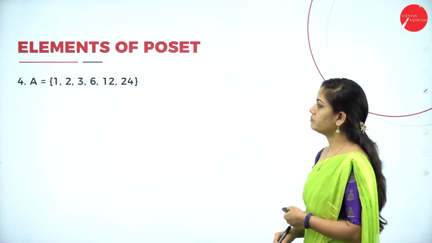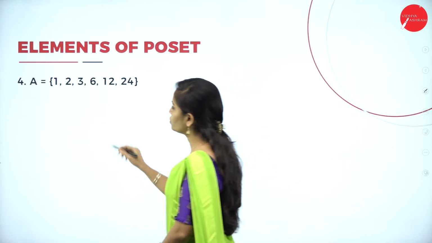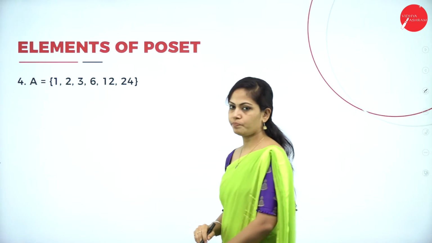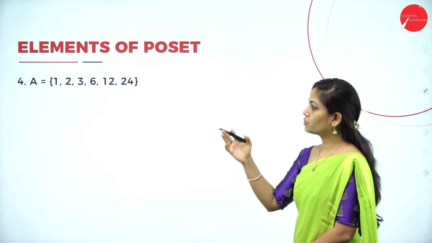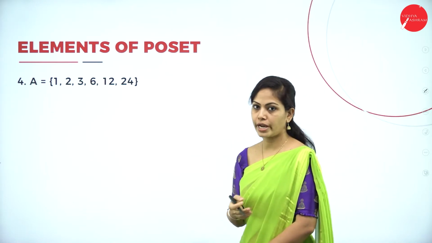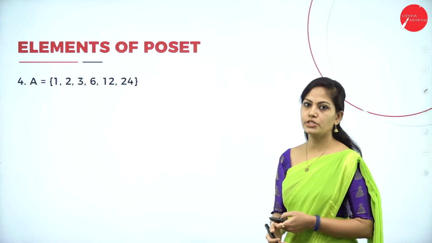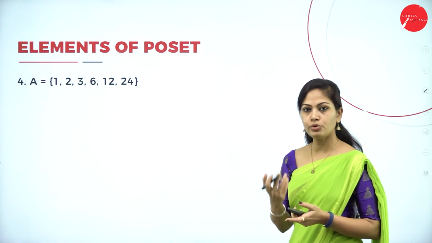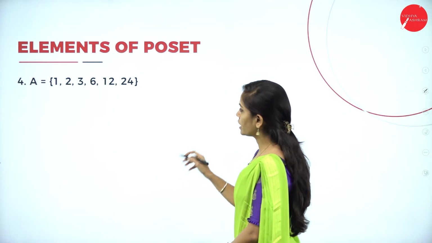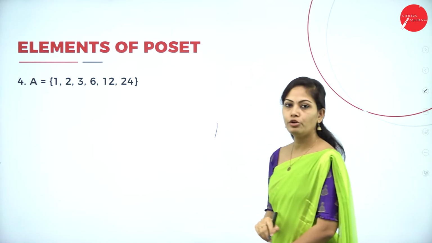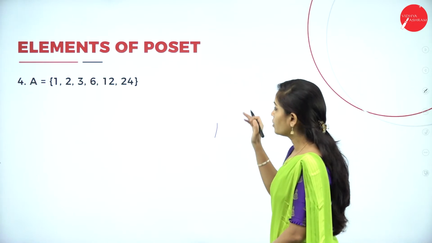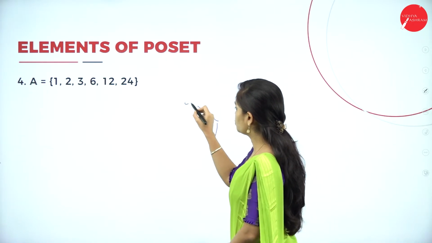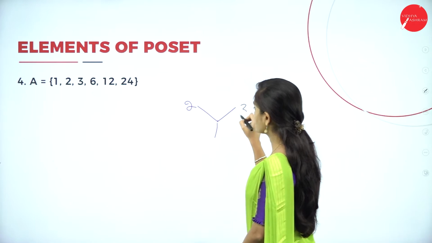And the next problem, A is equal to 1, 2, 3, 6, 12 and 24. So 1 can divide 2, 3, 6, 12 and 24, right? First you can write the relations and you can draw a Hasse diagram, and you can also find the maximal value and minimal value. So first I will write the lowest value. First value is 1, and 1 can divide 2 and 1 can divide 3.